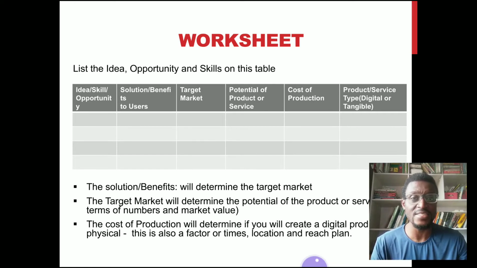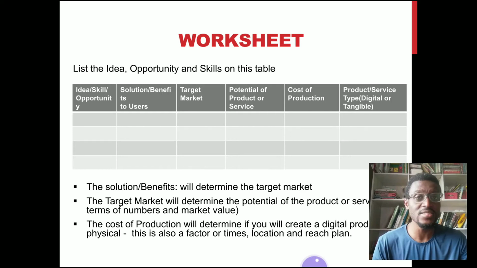So you list the idea, the skill, the opportunity, those you've actually listed previously. Then the solution and benefit to users: what will be the benefit? What solution or problem is it solving? So don't just create products without thinking about the benefits and solution to the potential users. What are they going to benefit from using this? What should make them buy into your product?